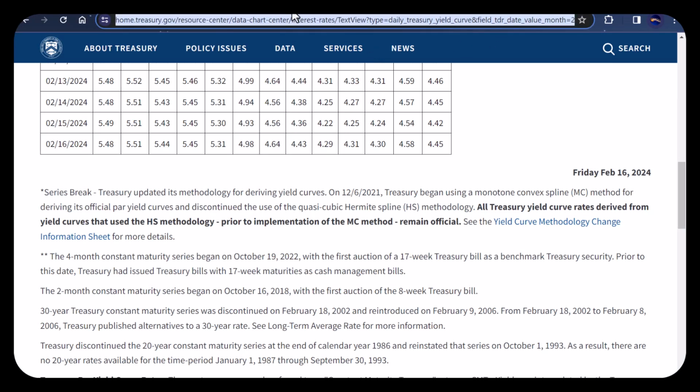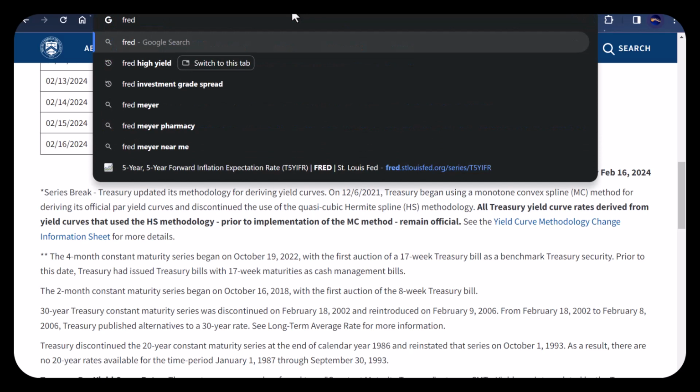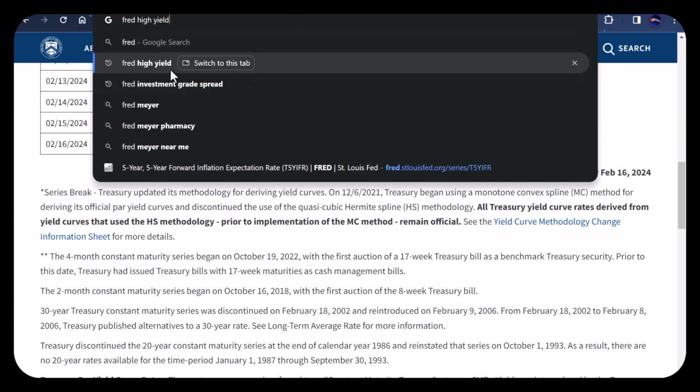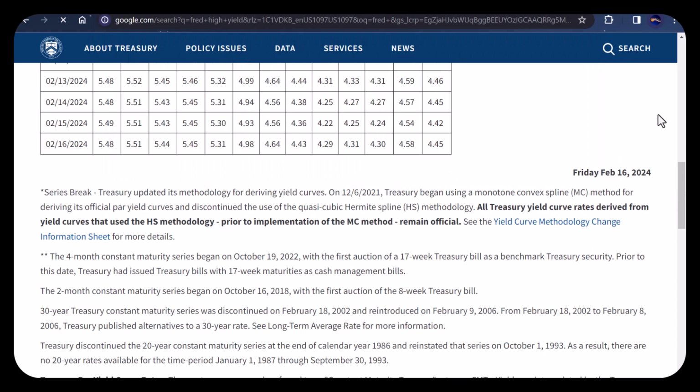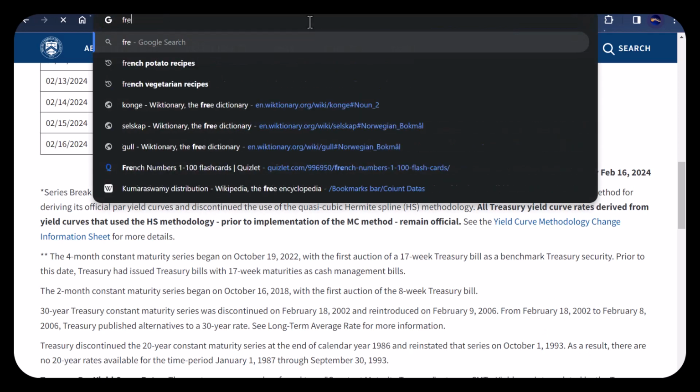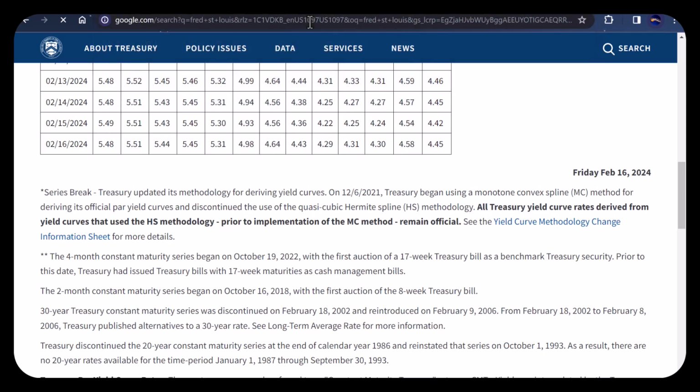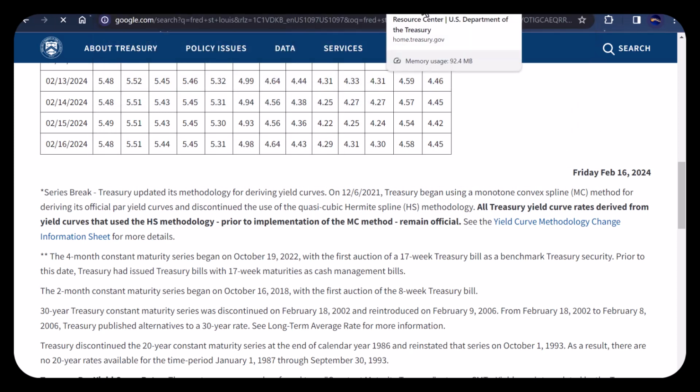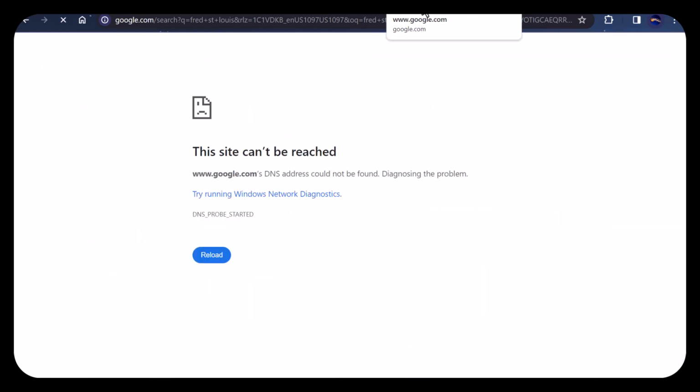Let's do that again. FRED. Assuming we actually have internet. Let me use hotspot for my computer, for my phone.